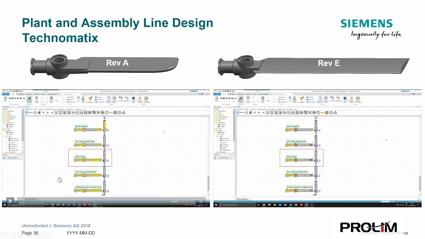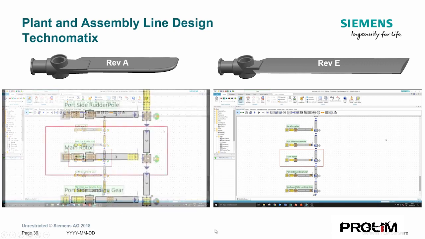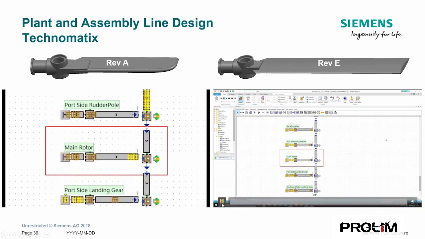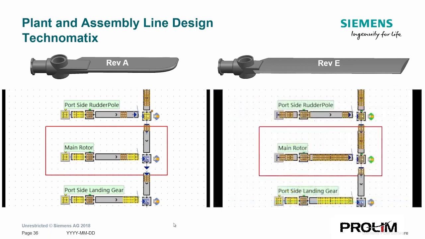So you can see Rev A, the original design, the assembly line that was developed for that works very well. There's no buildup of components on the conveyor belts between the assembly points, whereas you could see they're really running on the limits of what the production line can do when you have a single assembly point.